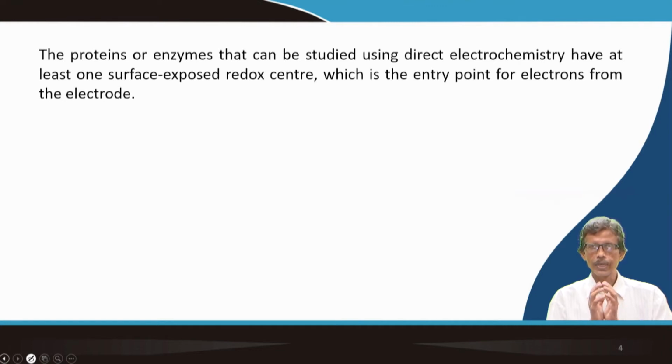We know there are different types of electron transfer reactions. We call some the outer sphere electron transfer reaction, and sometimes the inner sphere electron transfer reaction. That means the outer sphere or the inner sphere of the coordination sphere is involved in that particular electron transfer reaction. So, definitely we need the surface exposed redox center, which can be your entry point for electrons from the electrode, the reagent, the mediator or some other oxidizing or reducing agents.